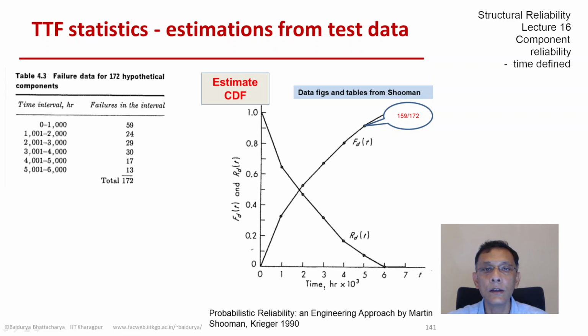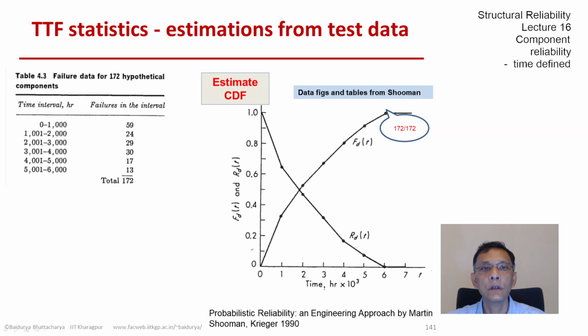And finally, when all items have failed, that's the end point we are taking as 6000, because that's the data that's been presented. We don't know exactly when the last failure occurred. So at 6000, the CDF comes to 1. So that's how we are able to estimate CDF from data presented in terms of intervals.